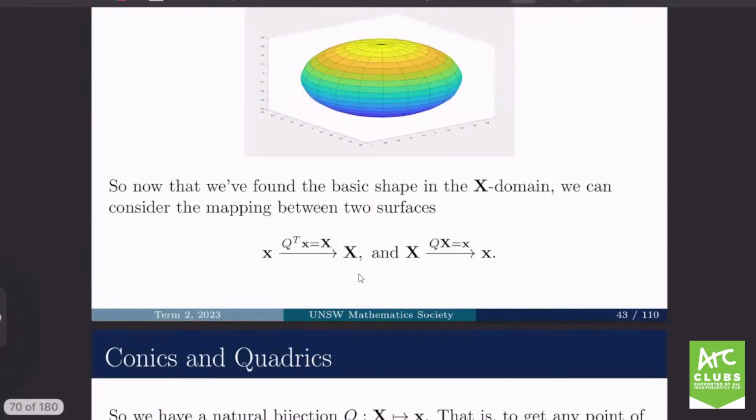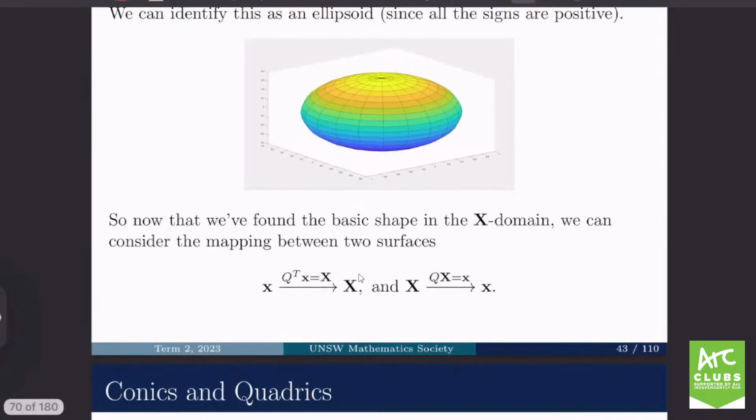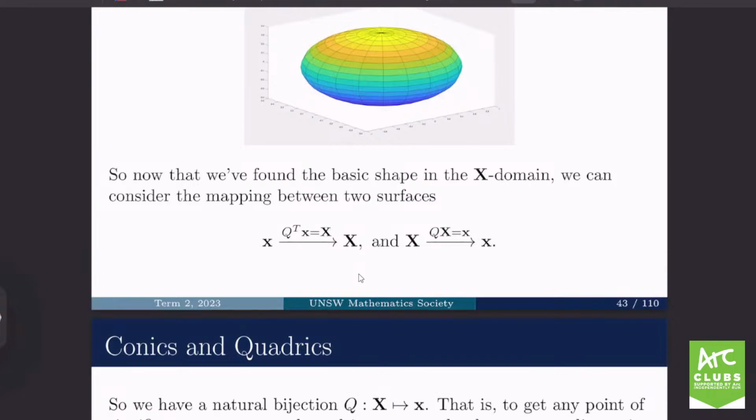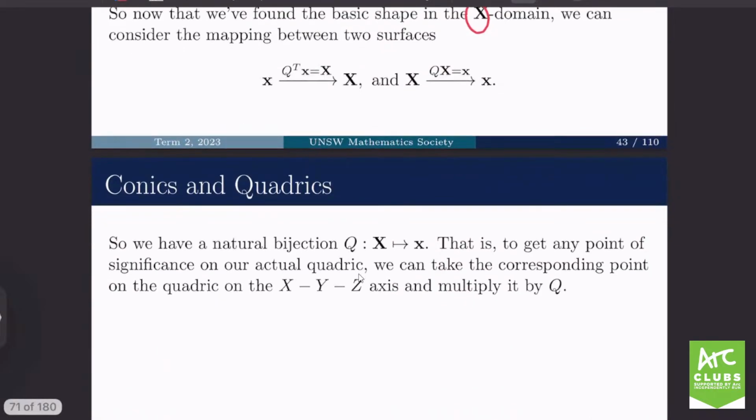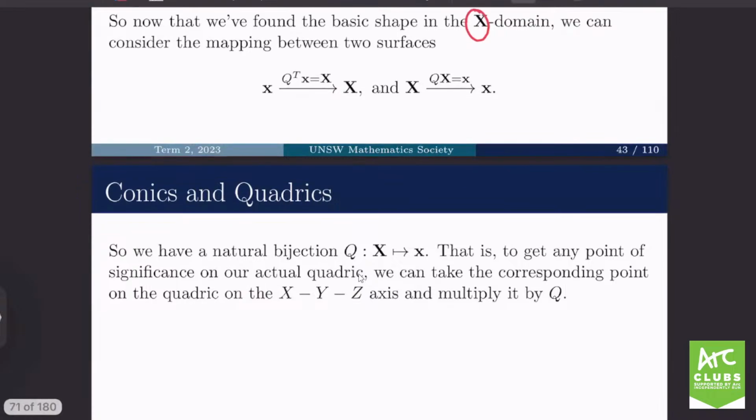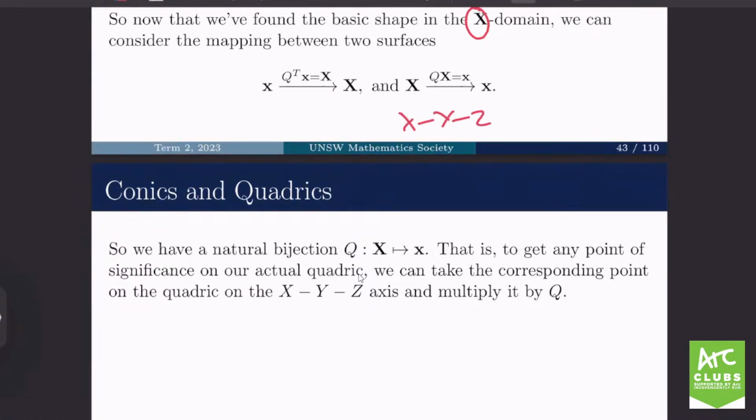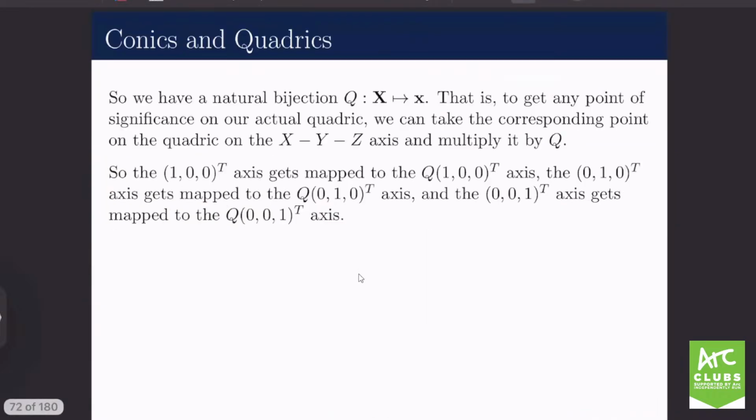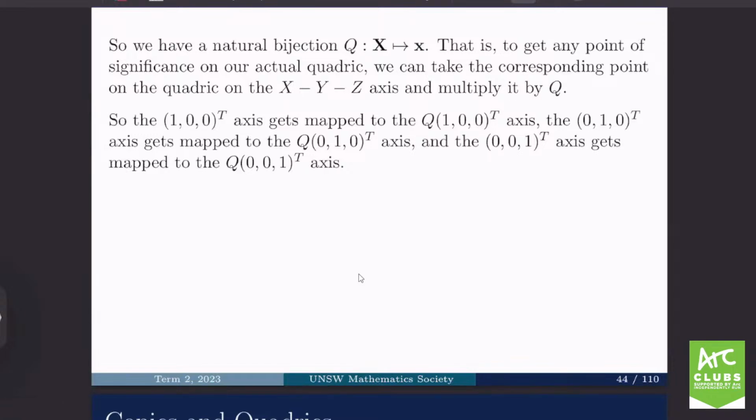All right. So in more detail, the idea here is that once we find the shape in the capital X domain, we know that the mapping here is actually a bijection, because of the properties of the orthogonal matrix Q. And so any point on our surface in the capital X, Y, Z domain is the corresponding point in lowercase x, y, z, but just rotated by multiplying by Q. So we can see that the (1, 0, 0) original axis gets mapped to this axis.